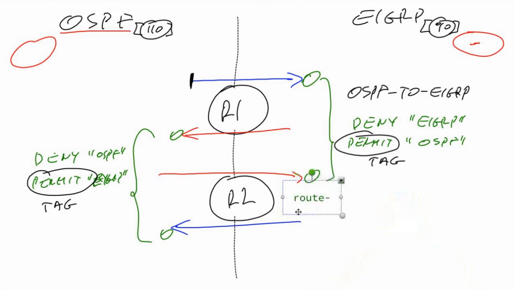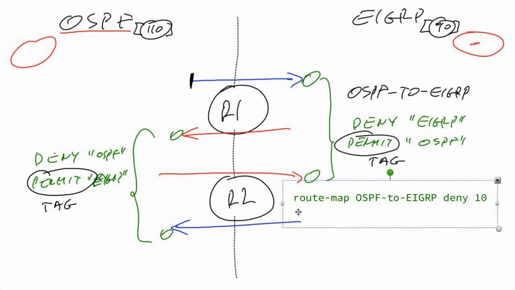So here what we are going to have is route map OSPF to EIGRP. And the first statement is going to be deny 10. And what I'm denying here is the tag, the original EIGRP tag, and my EIGRP tag is 90.